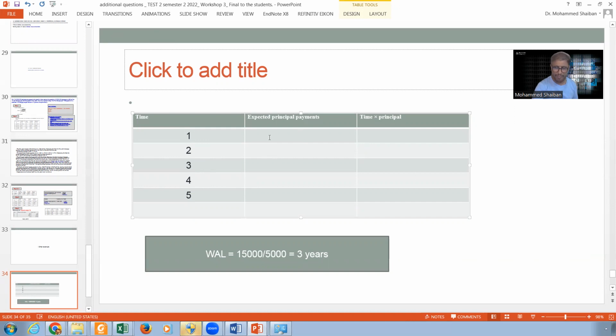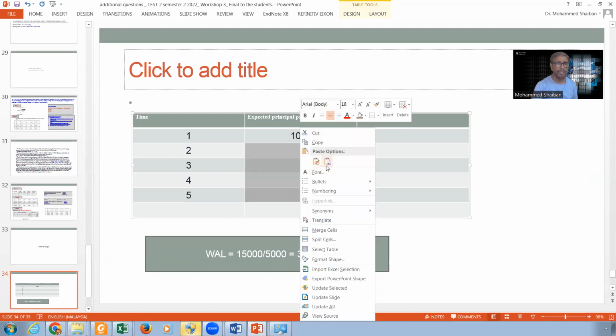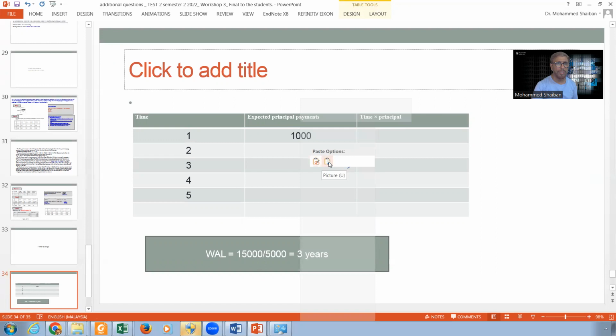If it is 5 installments, for example, this is 1,000, and you pay it in 5 installments like this: 1,000 here, 1,000 here, and 1,000 here. This is just the principal paid each year.